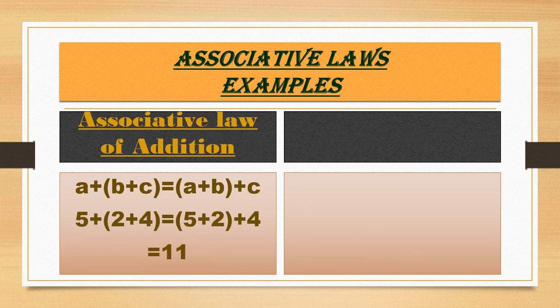Let A, B and C be three numbers. Then A plus, open bracket, B plus C, close bracket, is equal to, open bracket, A plus B, close bracket, plus C. Now let A be 5, B be 2 and C be 4.